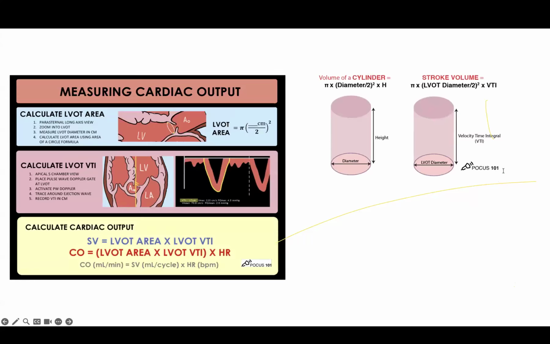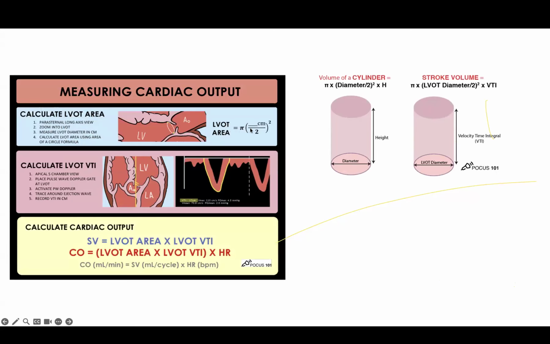For measuring cardiac output, first you need to calculate the LVOT area. Keep it in a parasternal long axis view, zoom into the LVOT, measure the LVOT diameter in centimeters, and calculate the LVOT area using the area of a circle formula.